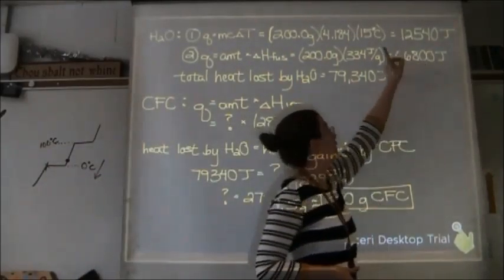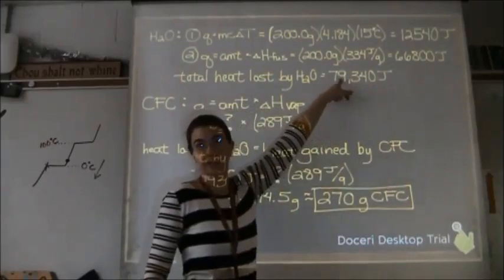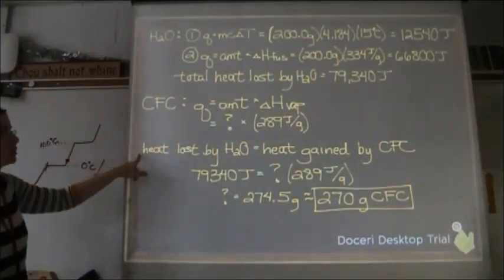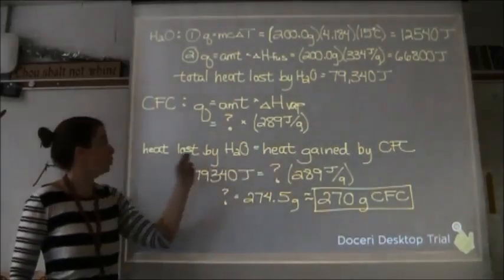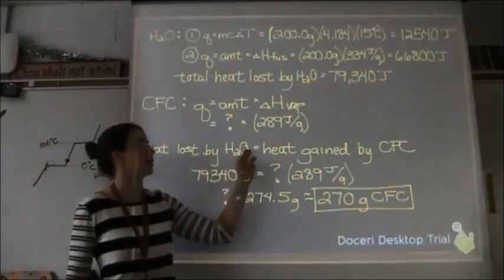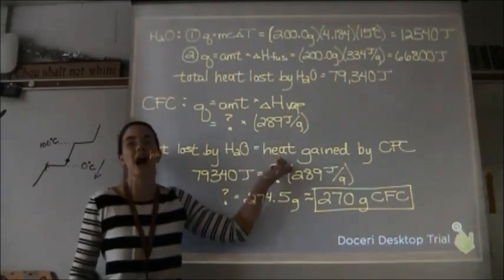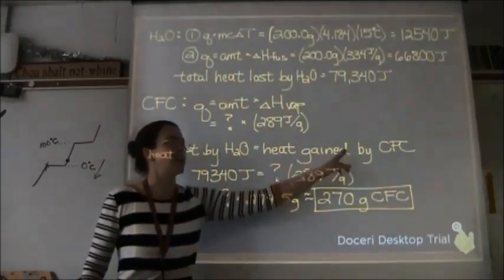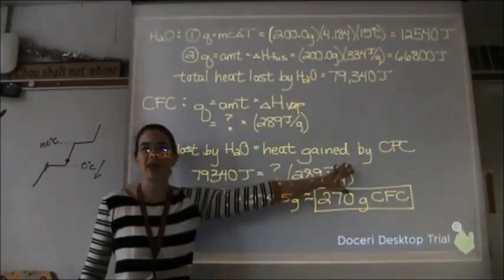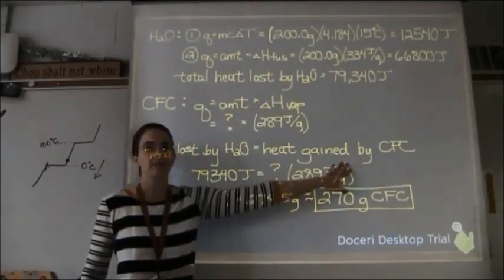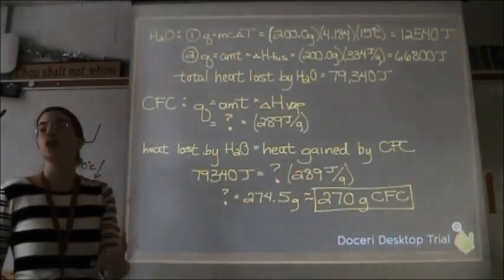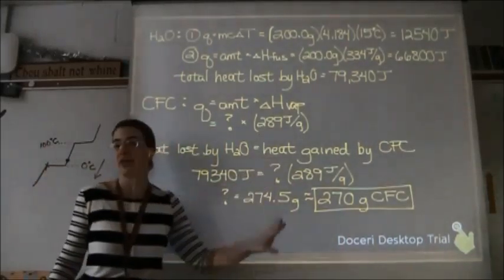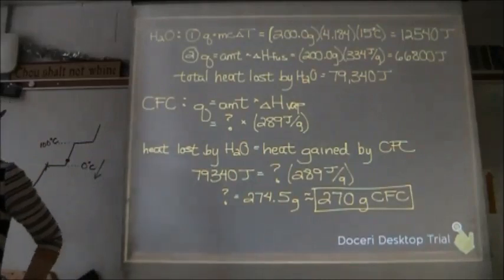These both are negative, then that means this one is negative. And when you come to here, you would say the same thing, but you would say heat lost by water is equal but opposite in sign to the heat gained by the CFC. Do you remember that back from thermochem? Okay. It's your choice. You can keep everything positive or you can incorporate that negative. It's up to you. You'll get the same answer.